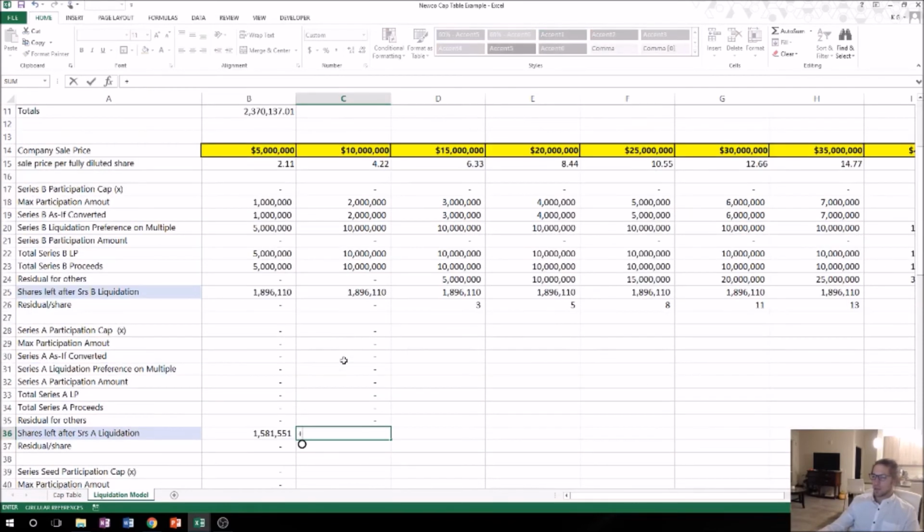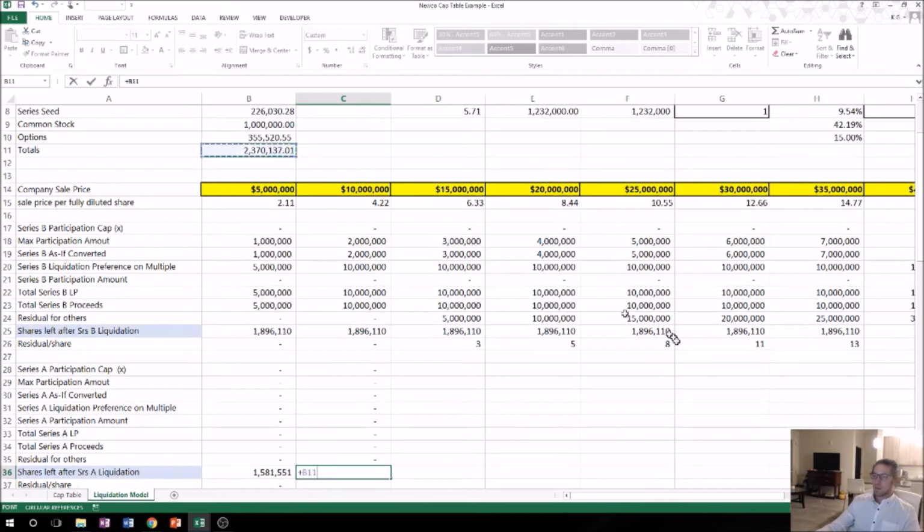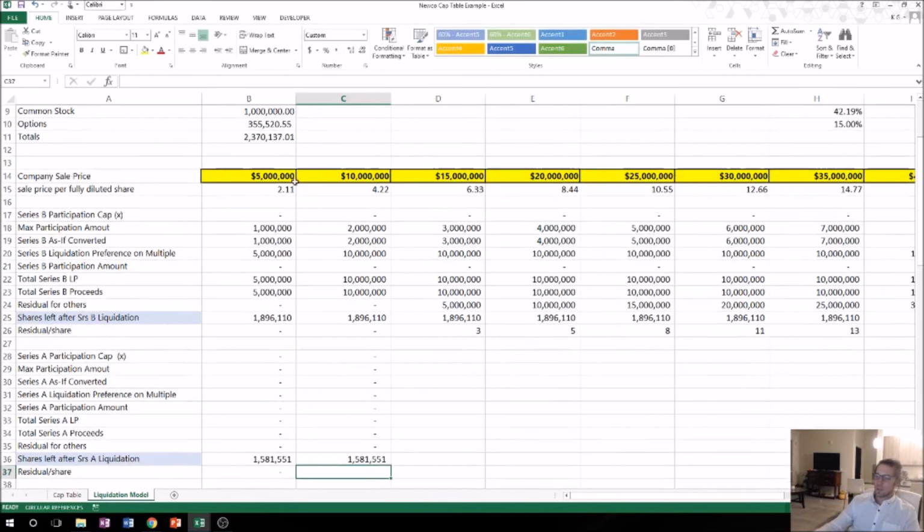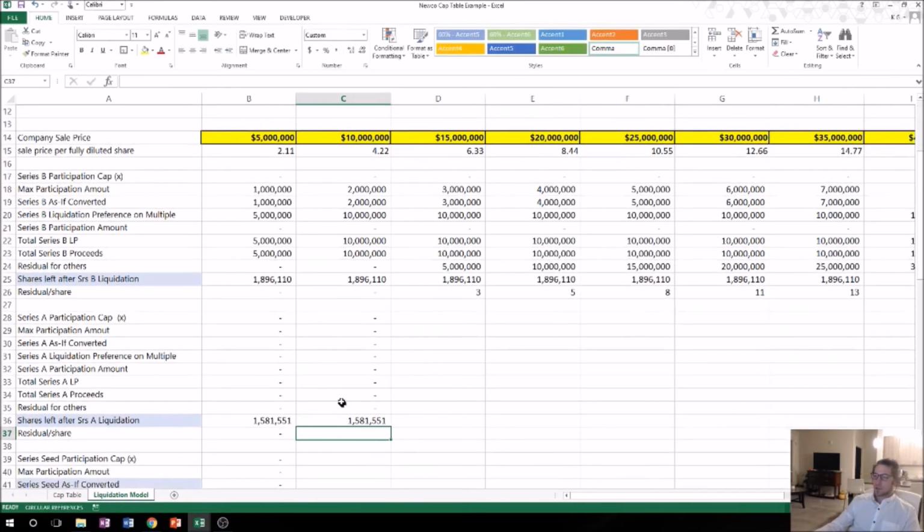So we want to say total shares minus Series B minus Series A. And then the residual per share is just like we did above, and it is the residual for others left divided by how many shares are left. So that's a 0. So let's go in and lock in the correct cells like we've been doing. So we can drag it over.